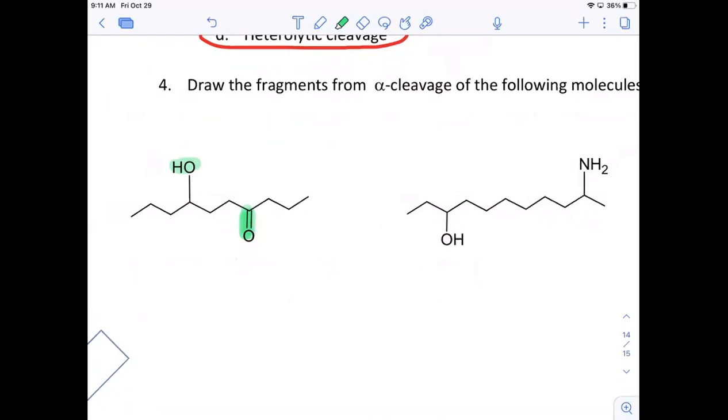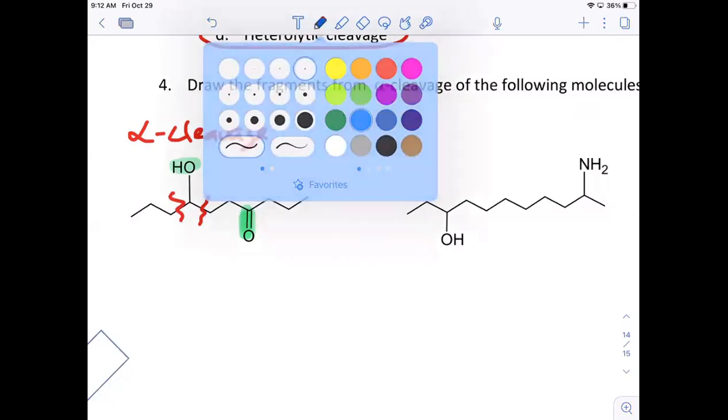This is going to undergo alpha cleavage, and you'll break here, not at the same time, two separate events. And then you can also cleave here.